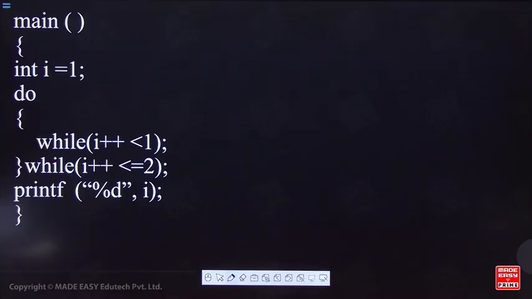Many people are giving wrong answer, same thing. What is the output printed? Okay, fine.